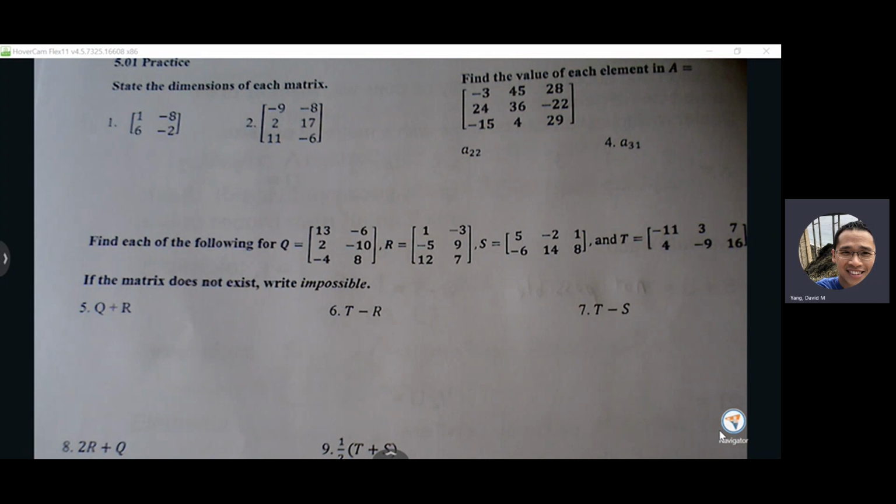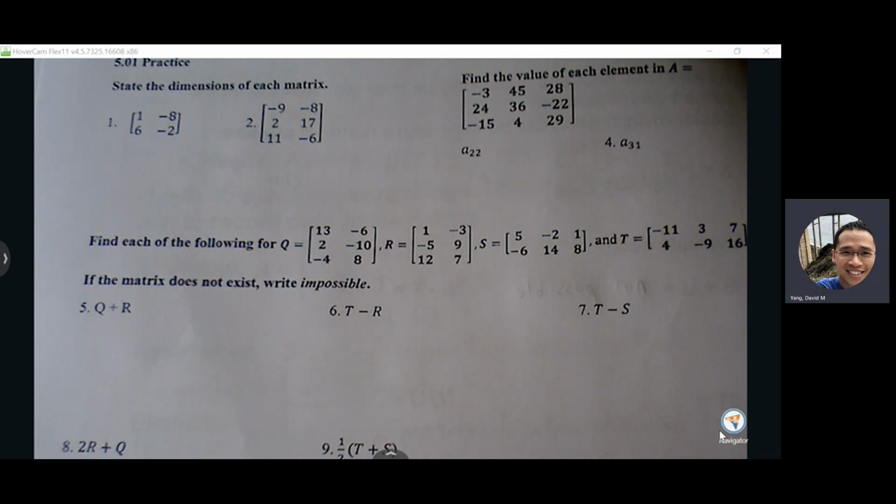Okay, so number 1 is a 2 by 2 matrix. Number 2 is a 3 by 2 matrix. Number 3, the element in row 2, column 2 is 36. And the value in row 3, column 1 is negative 15. Okay, 5 through 9 should feel pretty straightforward.